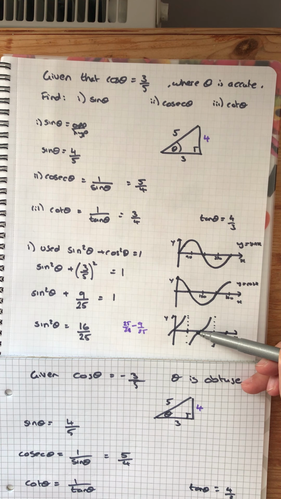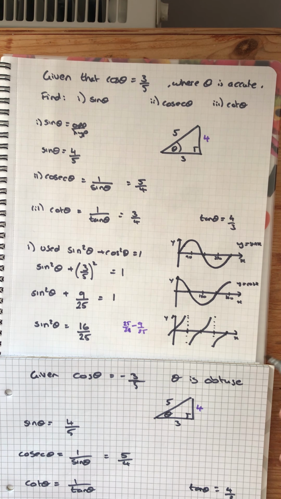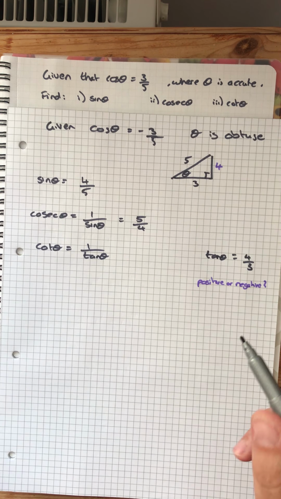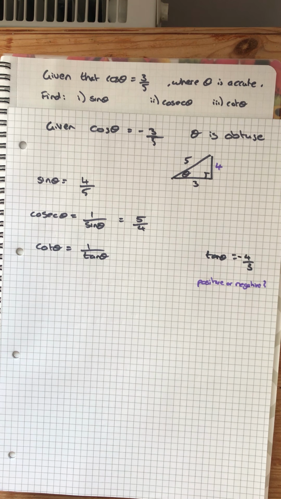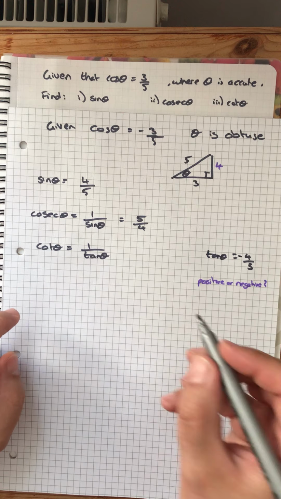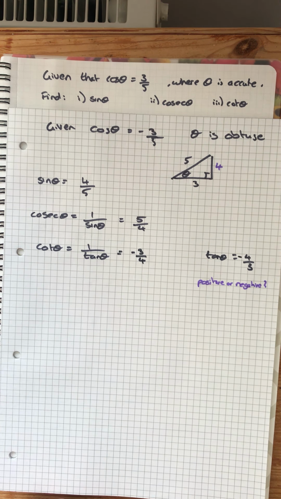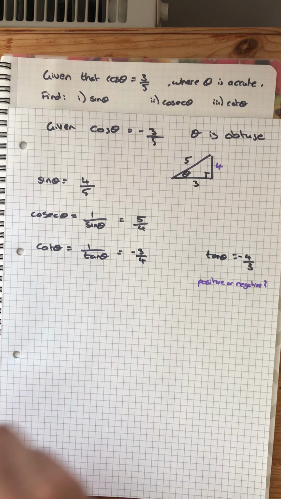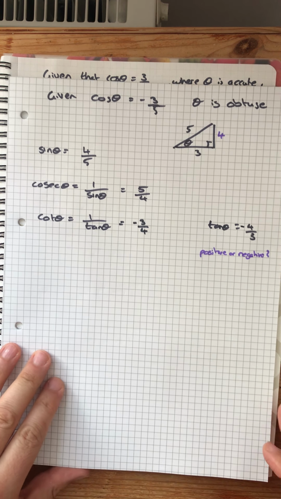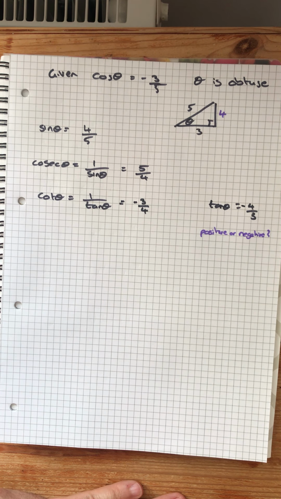So for obtuse angles, tan is negative. So very important then that I make tan to be negative 4/3, otherwise it would be incorrect. Therefore my cot theta, as it's reciprocal, will be -3/4. Keep the negative at the top. We're not talking about gradients of tangents or normals, we're just doing reciprocals here.